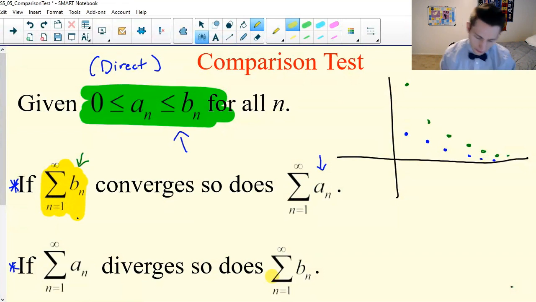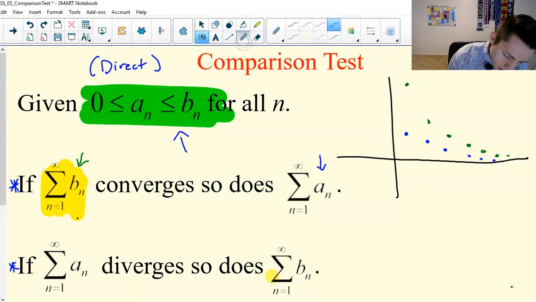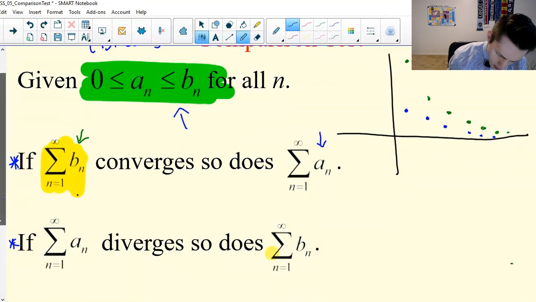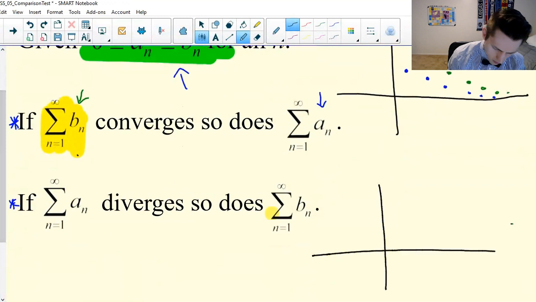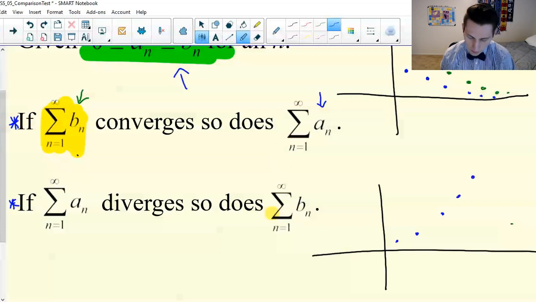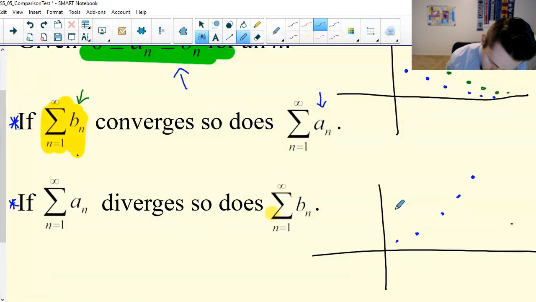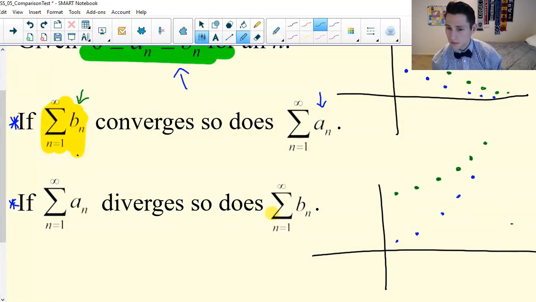Right? Or similar style thinking for this. So I'll still use my same colors. So let's say An is this sequence, and Bn is this sequence.